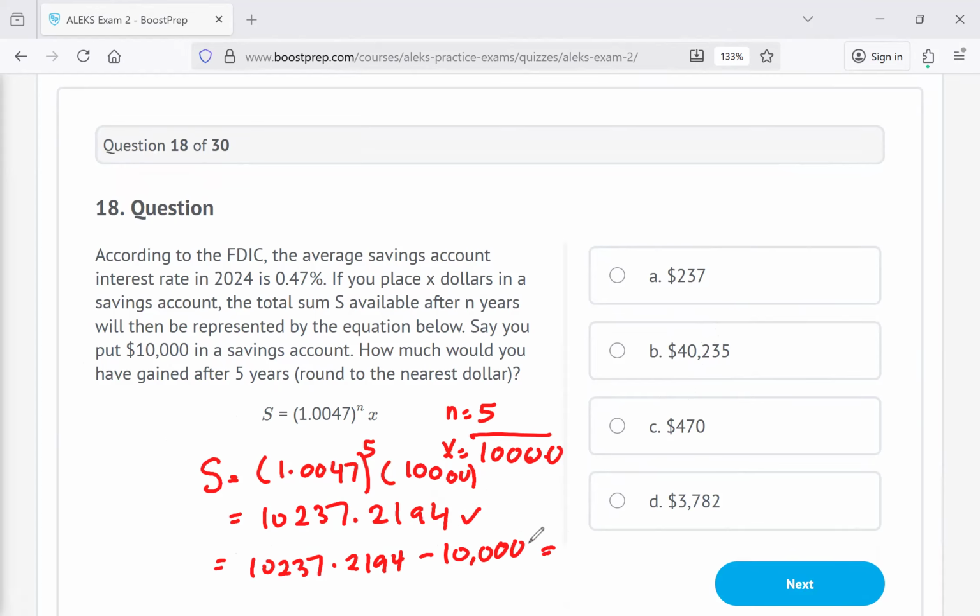When you put that in, you should get about 237. They want it to the nearest dollar, so 237. That can be a trick question, which is why you have to be careful with these word problems. So you have grown $237.